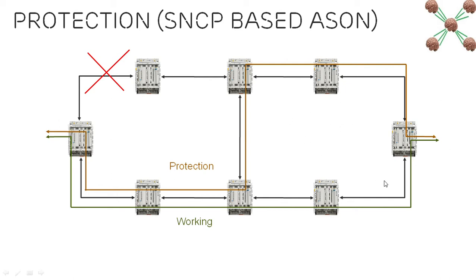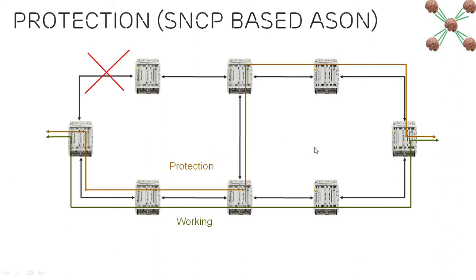Now if you get another fiber cut on this part of the network, at least it will be protected by this new protection path. So for example, in this network you can avoid two fiber cuts if both fiber cuts happen in different rings. So it will save you from two cuts.